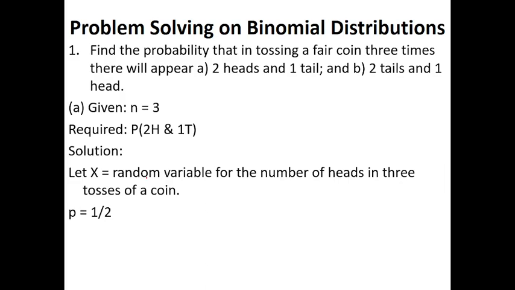Head or tail lang yan, right? Probability of success and probability of failure. So dahil ang ating random variable concerns about number of heads, therefore in every trial, we consider the probability na makakakuha tayo ng head. So sa isang trial, ano yung probability na makakakuha ka ng head? 1/2.